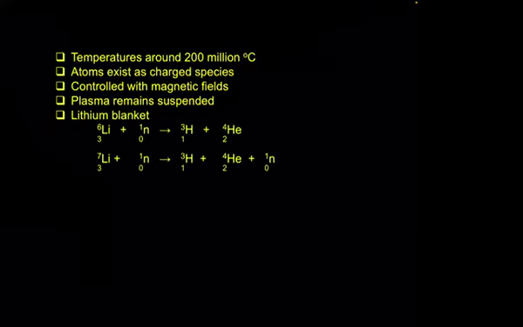So if you put a lithium blanket around this and absorb those neutrons, you produce a fuel, and you get a little bit of helium gas as a byproduct that can be a little bit radioactive. Maybe we'll learn in the presentation about the radioactive waste you have to deal with in fusion.